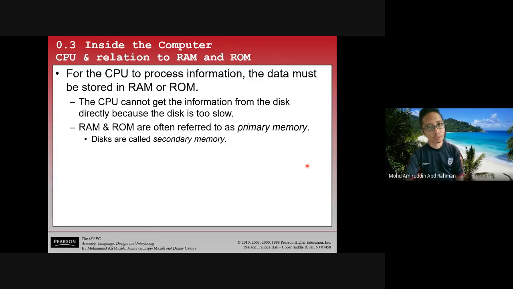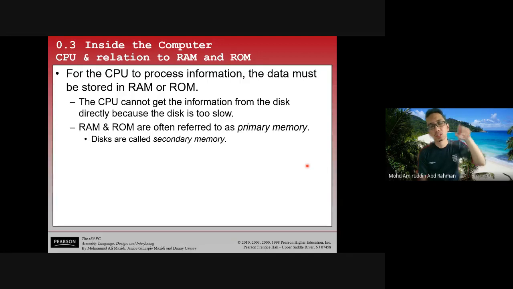Because last time the disk was designed based on silicon, so it is much slower compared to the RAM and ROM, because the running speed of the disk is, let's say, last time we had about 3000 rotations per minute, so it depends on the rotation of the disk.